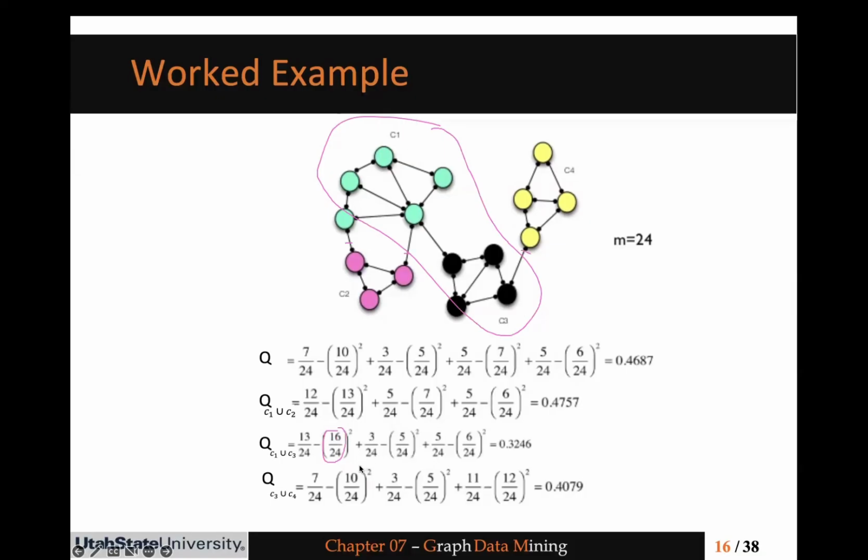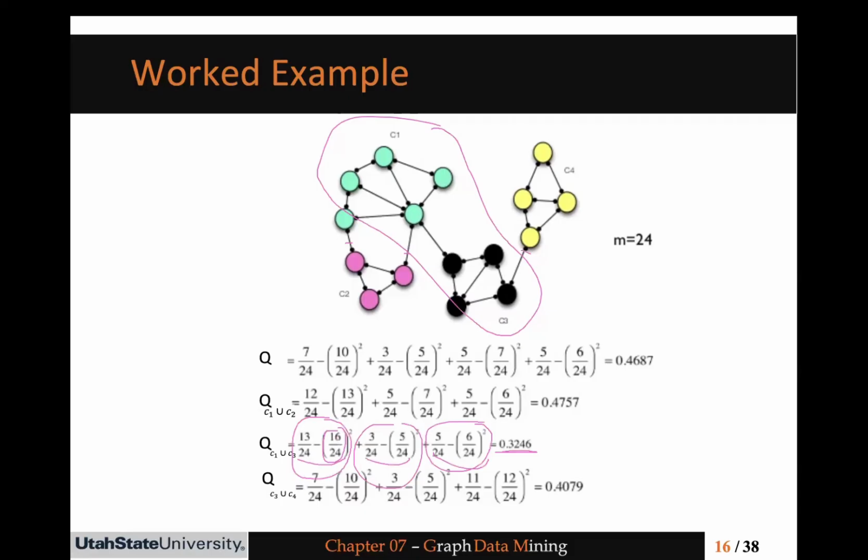In addition to that, there is the pink community modularity and the yellow community modularity that I have in here. If you do the math of these new communities, with C1 and C3 together, the pink community and the yellow community, and you add that up, then your total modularity is equal to 0.32, right?